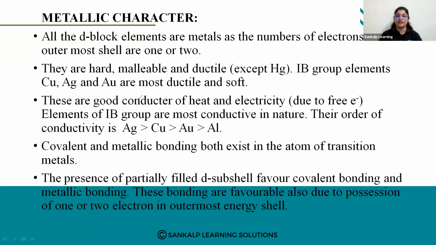So because of the partially filled d orbitals, they favor covalent and metallic bonding. These bondings are also favorable due to the possession of 1 or 2 electrons in the outermost energy shell. So these are certain metallic characters of d block elements.